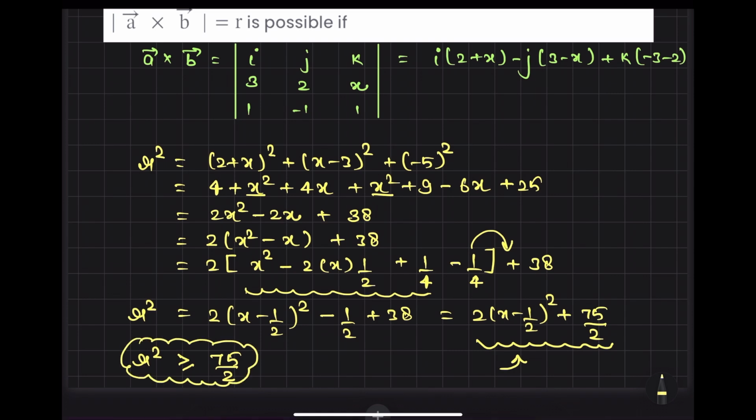Why? Because this component can be 0 or a positive quantity. If it becomes 0, r square will have its minimum value, and if this contributes a little bit, it will grow. So the minimum value of r square is 75 by 2.